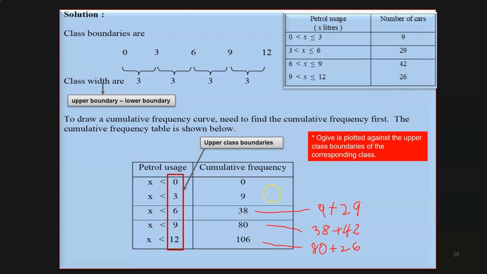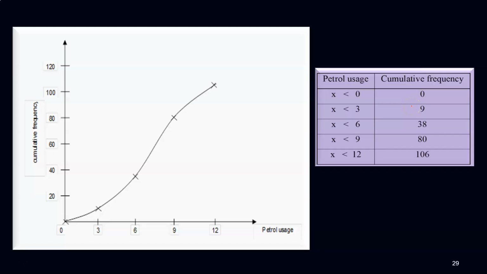Then tambah lagi dengan 26. Macam tu. Okay. So this one, the last one will be 106. Kalau you total semua ni, you akan dapat 106. Okay. So, itulah guna di cumulative frequency.